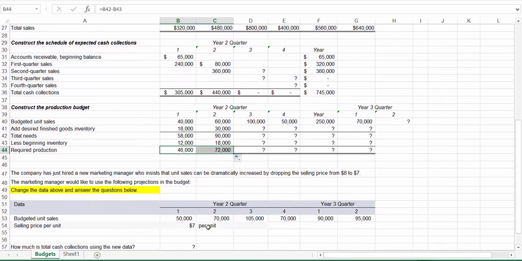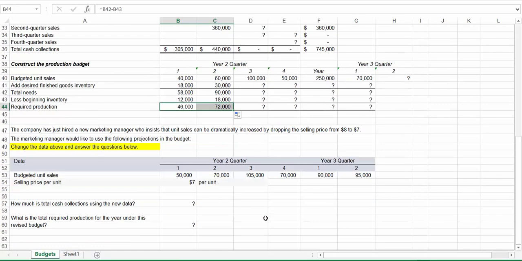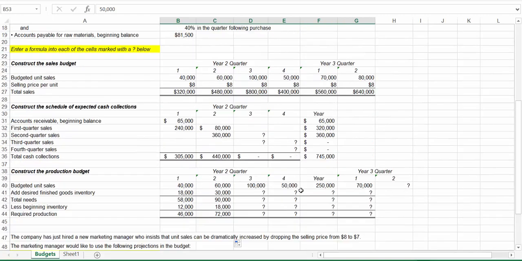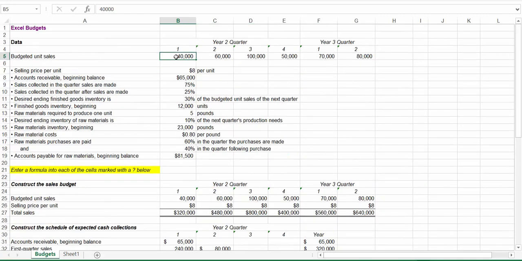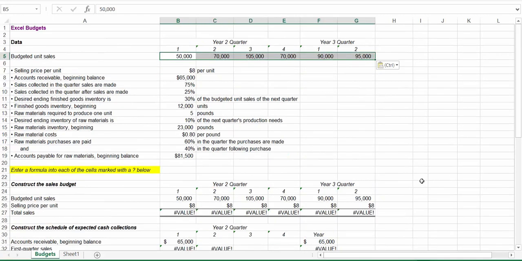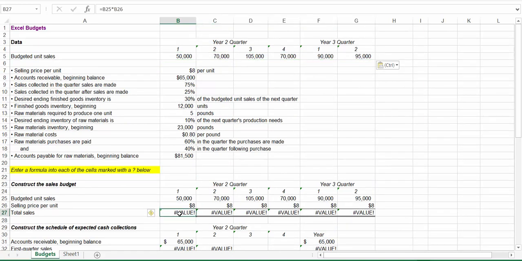Once you get all that done, you're going to change your data. So that means you're going to take these numbers, copy them, and you're going to paste them in up here. Uh-oh, I did something wrong. This is B25 times B26. So what's wrong with that?